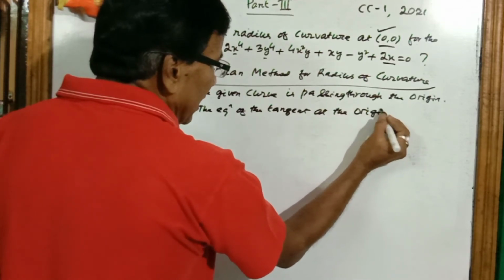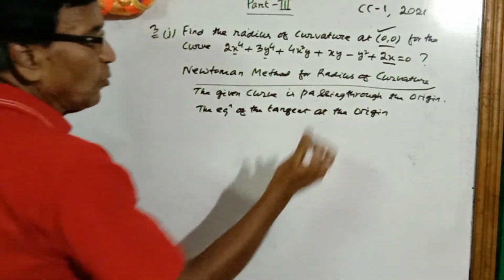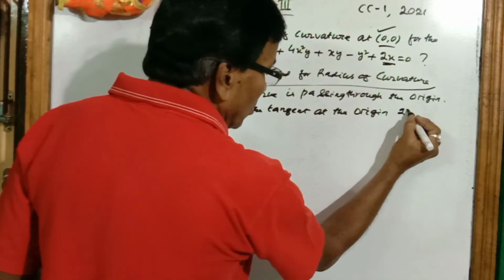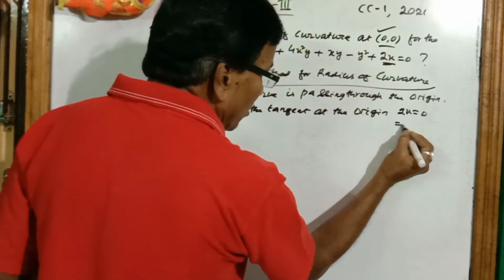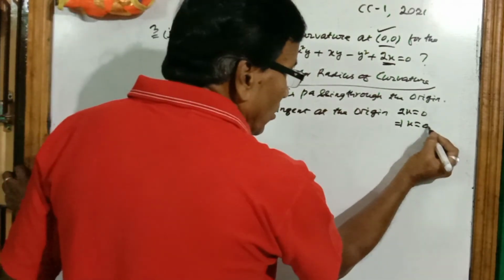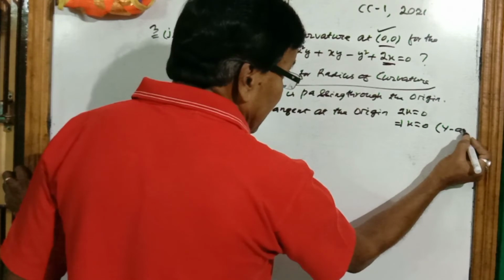The lowest degree term is 2x. So 2x is equal to 0, which implies that x is equal to 0. And x equal to 0 is nothing but the y-axis.